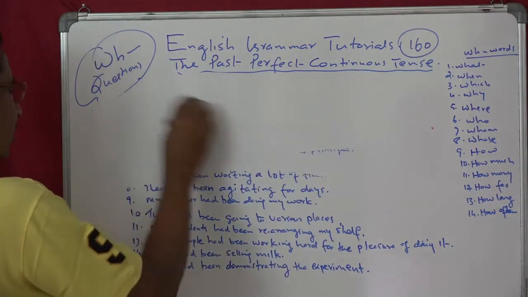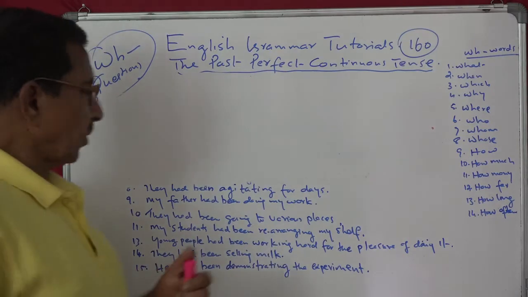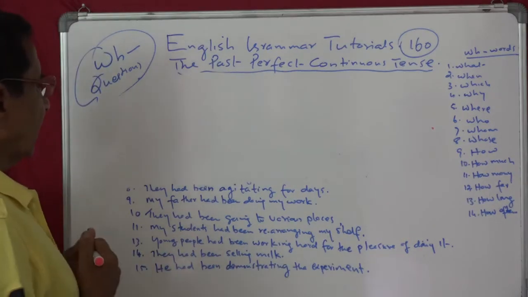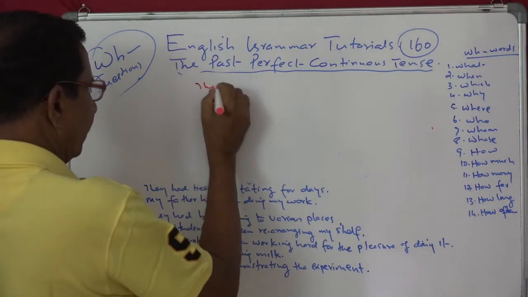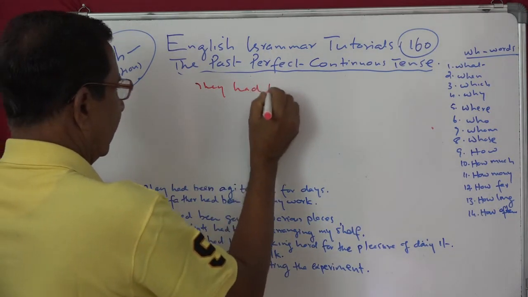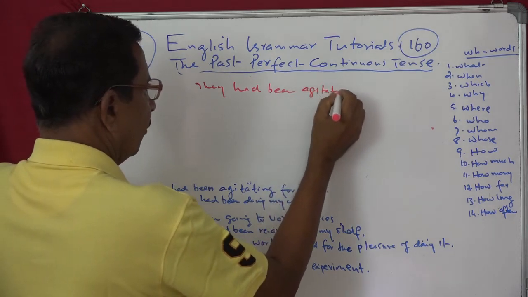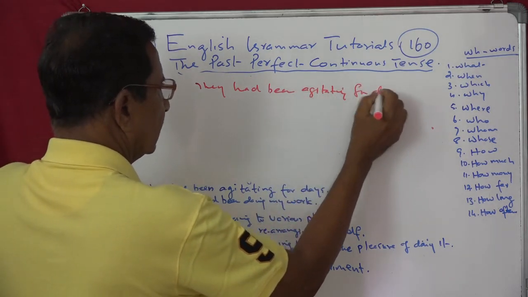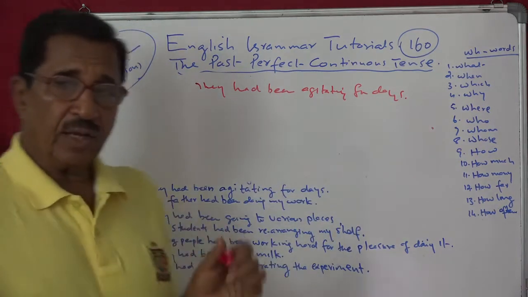Alright, so let's take the third one. So the process, I think you remember, they had been agitating for days. So first I told you, you have to change that into a yes or no question.